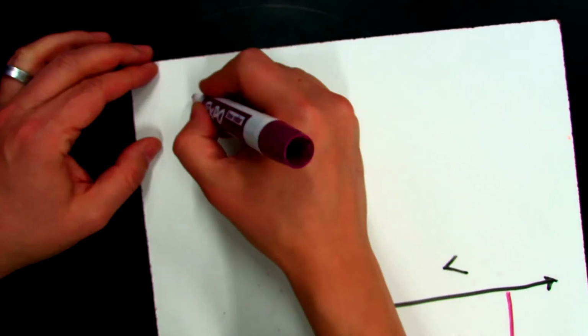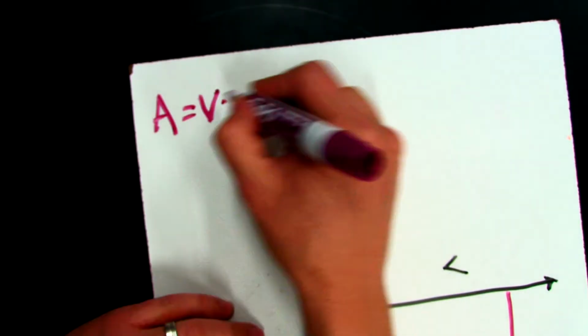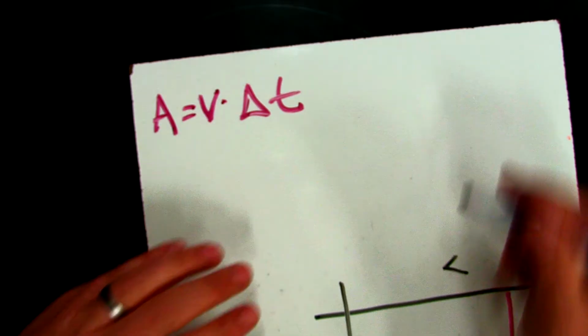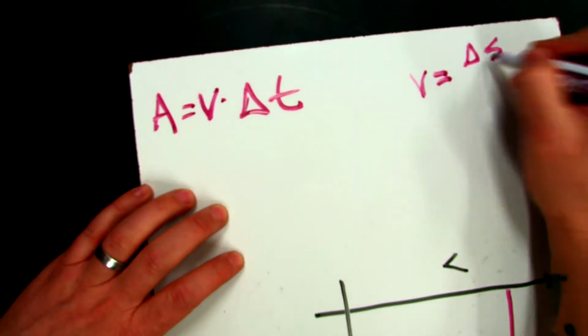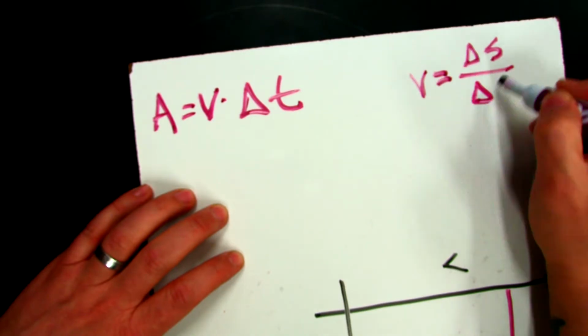Let's just look over here. So we've got area equals V times delta T. Well, what is velocity? At least when we're talking about constant velocity, and we're not talking about velocity varying, and we don't have to think about derivatives and so on, we know that velocity is the change in distance, I'm going to call it S, let S stand for distance, over the change in time, right?